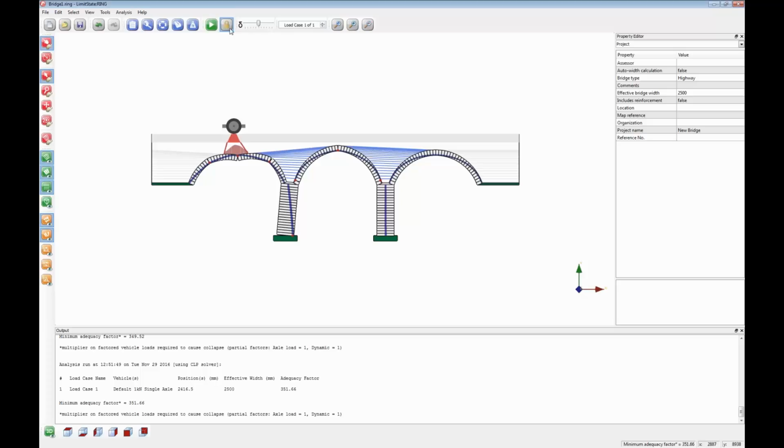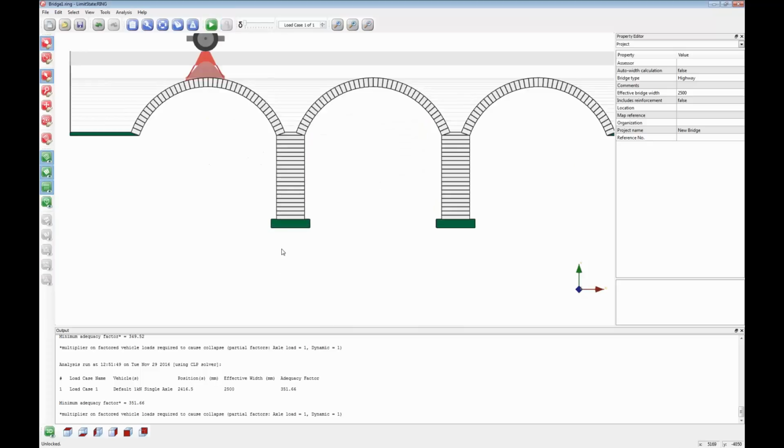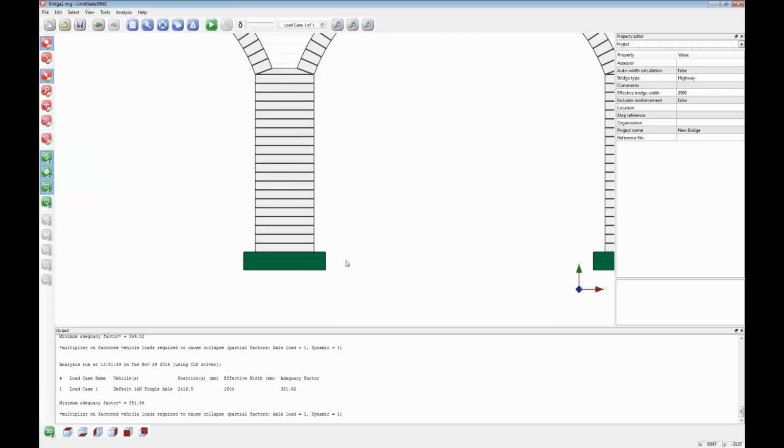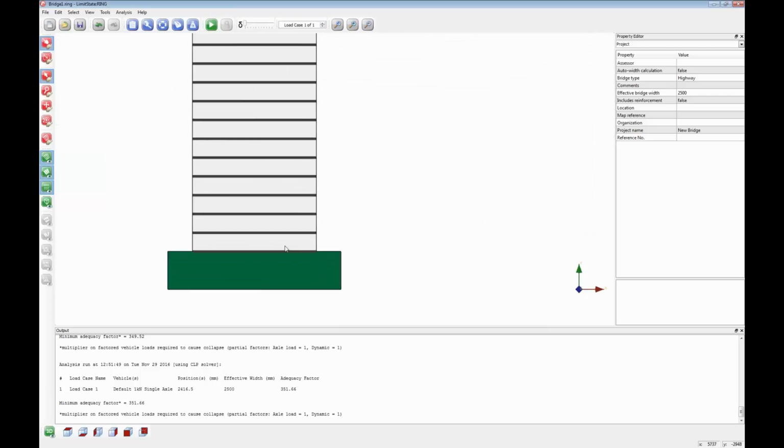What I can also do, and I'll just show an example of this, is I can locally change properties. So for example, if this bridge was over a stream, what I could do is specify some mortar loss, and let's suppose I have 100 millimeters mortar loss on both sides. Got erosion.